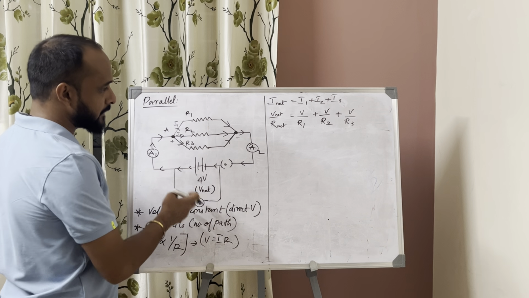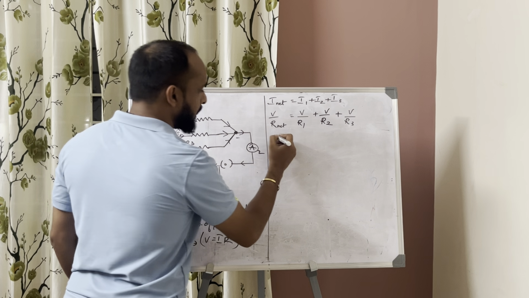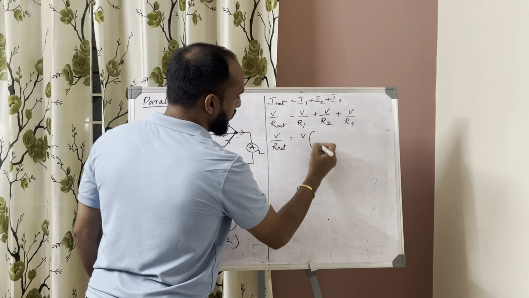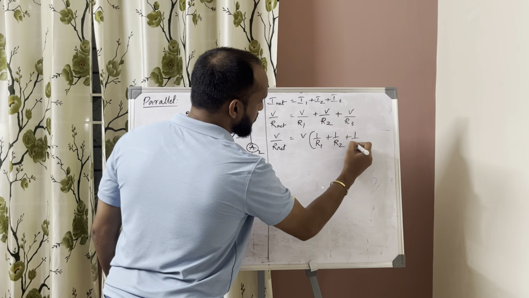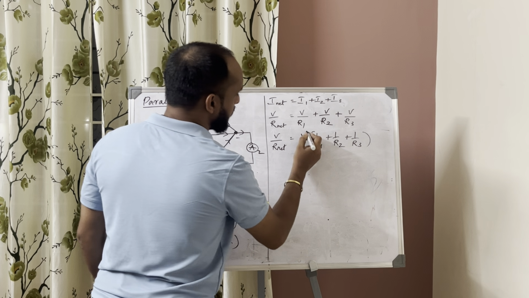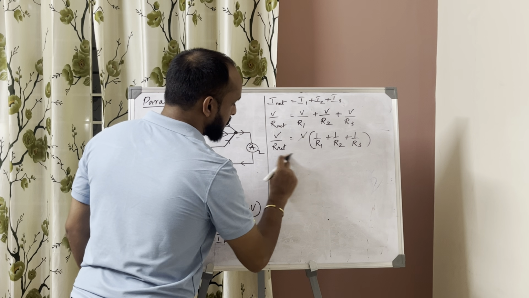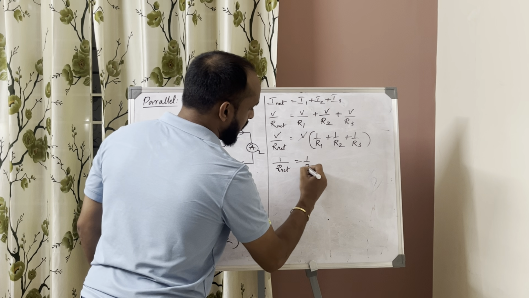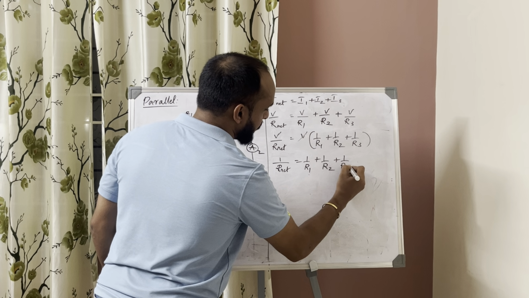And we know for a fact that V net is nothing but the total voltage. All the voltage will be same. I take V common out. So we get V by R net equals V into 1 by R1 plus 1 by R2 plus 1 by R3. V will cancel out. So in parallel, the net resistance is given as 1 by R net equals 1 by R1 plus 1 by R2 plus 1 by R3.